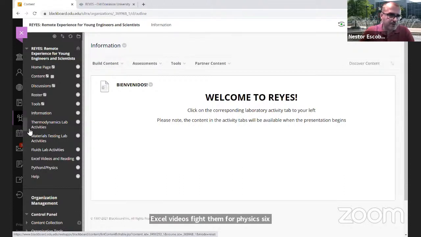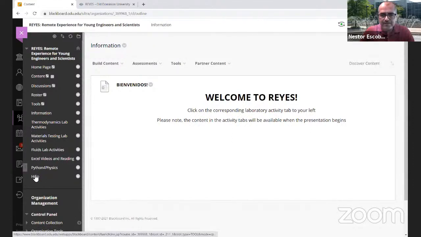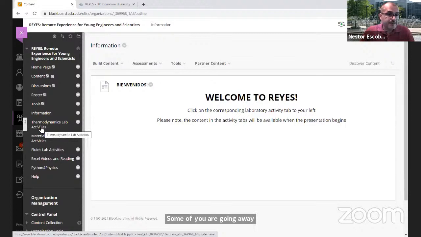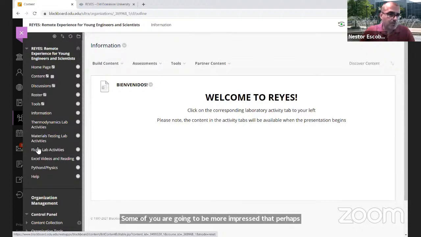You should be able to see my cursor on the left moving. Some of you are going to be more interested perhaps in thermodynamics or perhaps in fluids. Certainly, if you register for fundamentals of engineering, then you'll be able to see the three different types of laboratories.